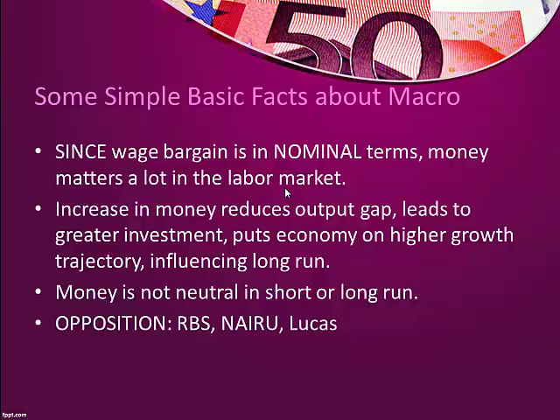The NAIRU, which says basically that there is a natural rate of unemployment, this is also wrong, because this level of unemployment is controlled by money, and also a lot of work by Lucas is also wrong. So basically what I'm saying is that the major theories being taught ignore the simple basic facts about macro.